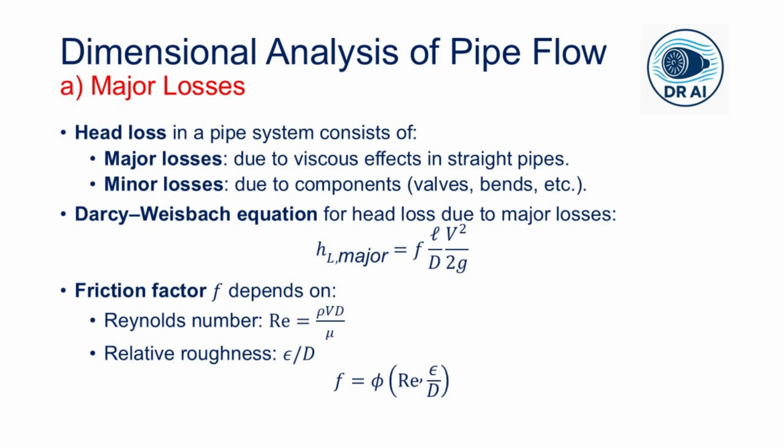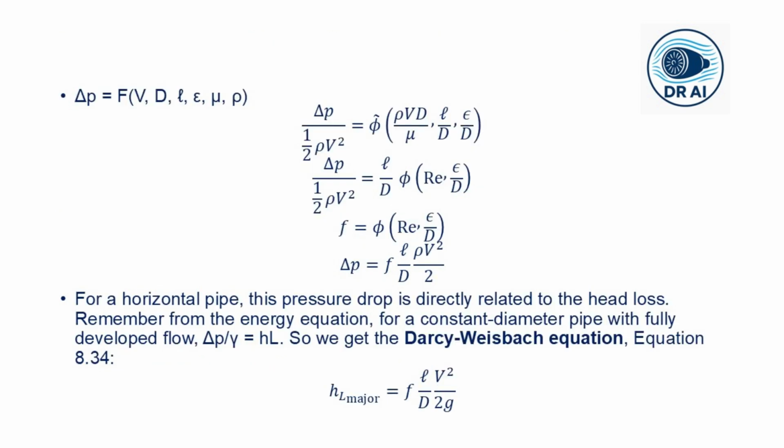For turbulent flow, the density is critically important because the turbulent shear stress involves momentum transfer of fluid masses. So we have delta P as a function of the velocity, diameter, the length L, the roughness epsilon, the viscosity mu, and the density rho.